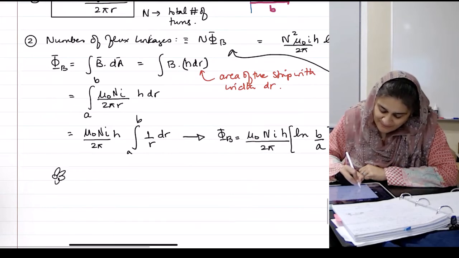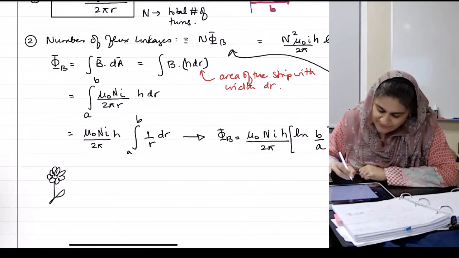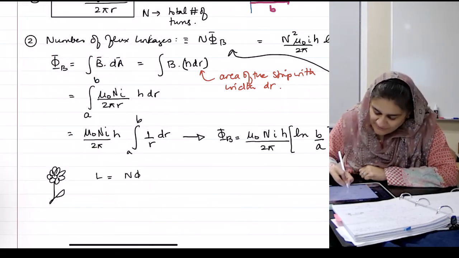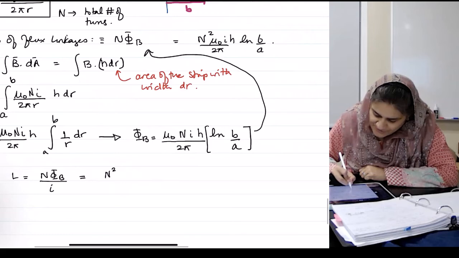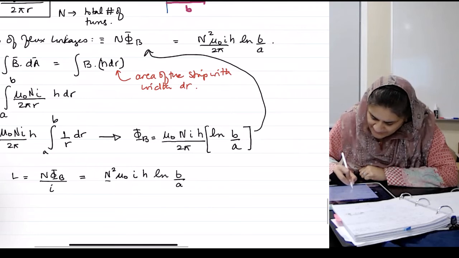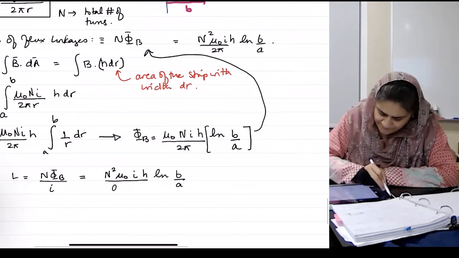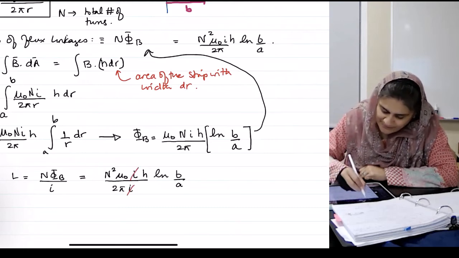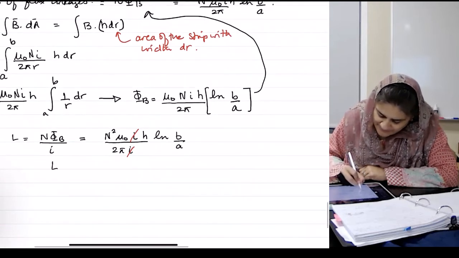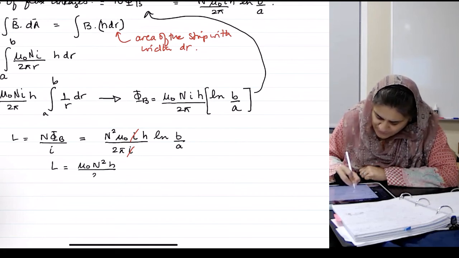So I'm just going to use my equation to find my inductance, which will be L equals N phi B divided by I, or N squared mu naught I H log of B over A divided by 2 pi I. I and I go away, and I am left with L equals mu naught N squared H over 2 pi log of B over A.